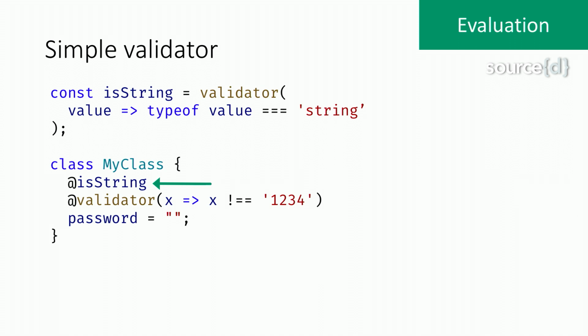Okay, what is isString? isString evaluates to the function defined above. And then it calls validator with that predicate and keeps the function. But then, at execution time, first the validator, the second decorator, decorates the property, and then isString decorates the resulting property from decorating the property. Is this clear?